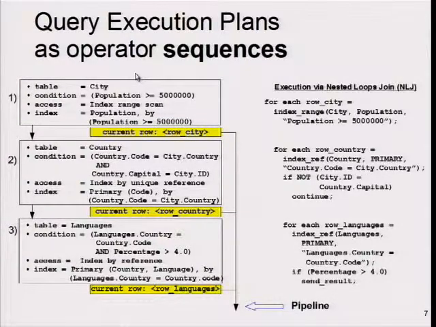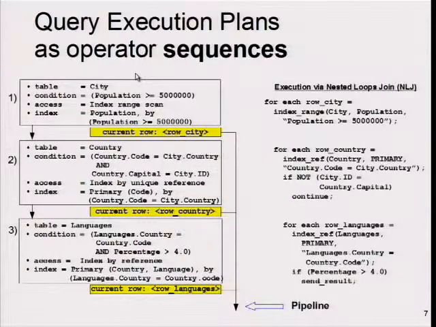For example, let's consider the first one. This is not all the information in the plan operator, but this is the most important. Each plan operator contains the table being accessed, the condition used to access that table, and the condition used to filter rows at this level of the plan, the access method being used to access data from that table, and eventually, if there is any index, the index used and the condition used to access the index.